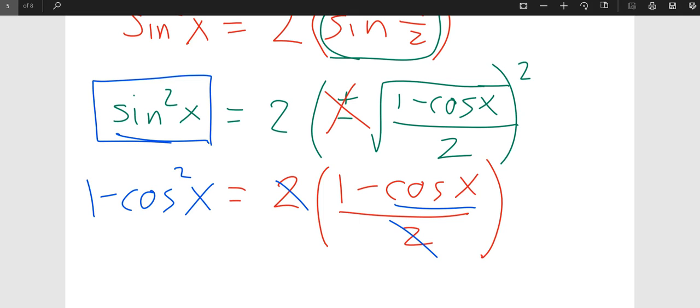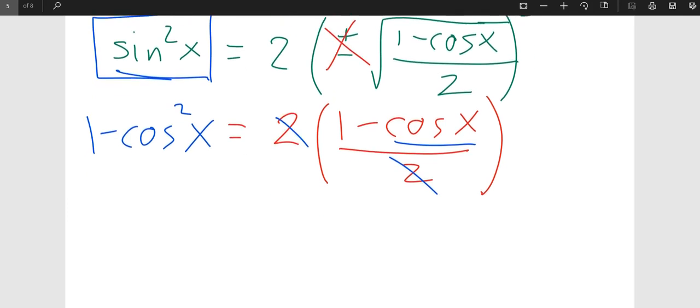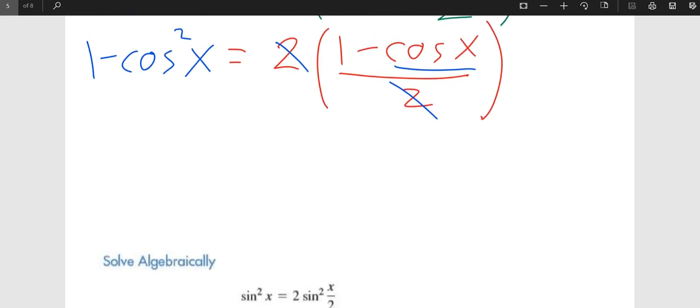What I'm trying to do is get something in a factorable form, so what I'm really looking for is a quadratic. That's why I substituted sine squared with that. I don't think the power reducing one would help us at the moment because then we'd have a double angle, and we want everything to be single angles, just like the song says.